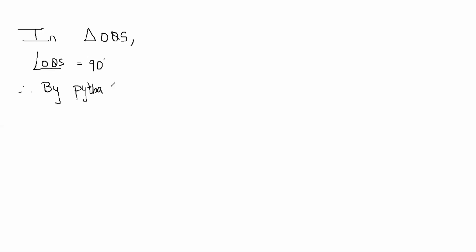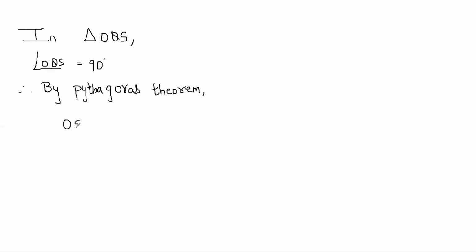So we are going to use Pythagoras theorem now. So in triangle OQS, angle OQS equal to 90 degree. Therefore, by Pythagoras theorem, let us use Pythagoras theorem and find the value of x.